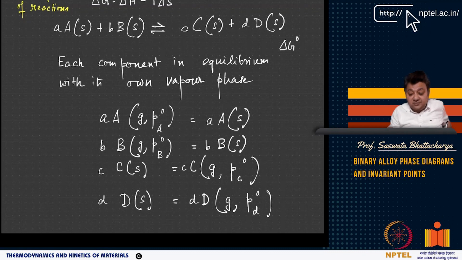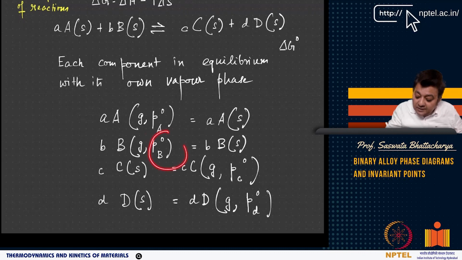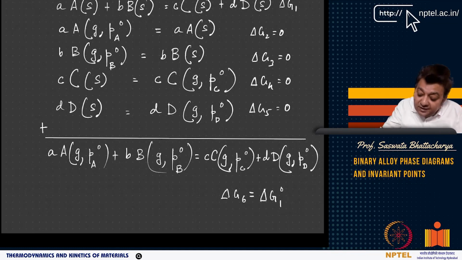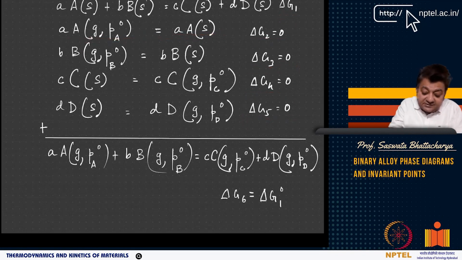This is a pure non-reacting state where we are looking at solid-vapor equilibrium, with a vapor pressure of PA naught, similarly PB naught, and then PC naught and PD naught. Now, if you add all of this together, since each is an equilibrium, delta G2 equals 0, delta G3 is 0, and so on. So if you write this, you have A solid, B solid, C solid and D solid on both sides.